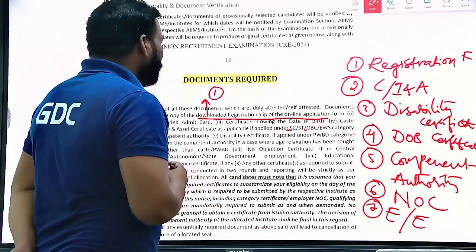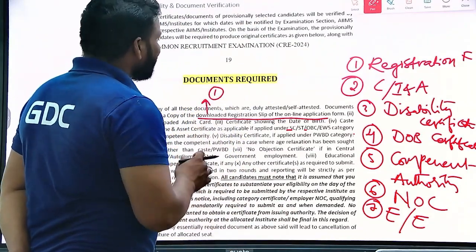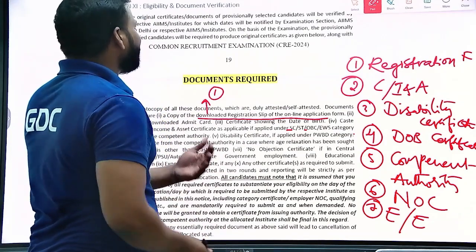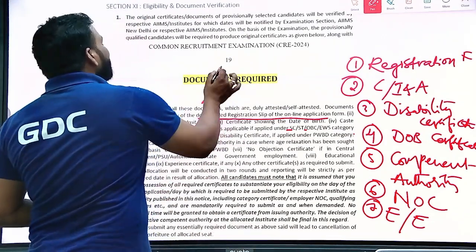Clear? So you need to carry all these certificates when you have qualified in the examination, for their document verification.